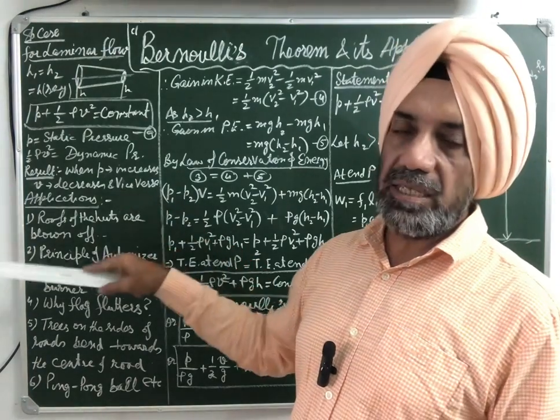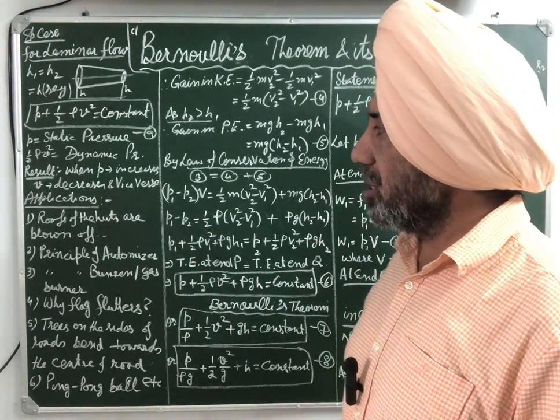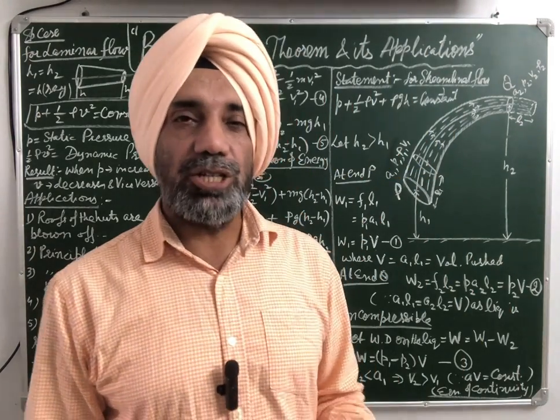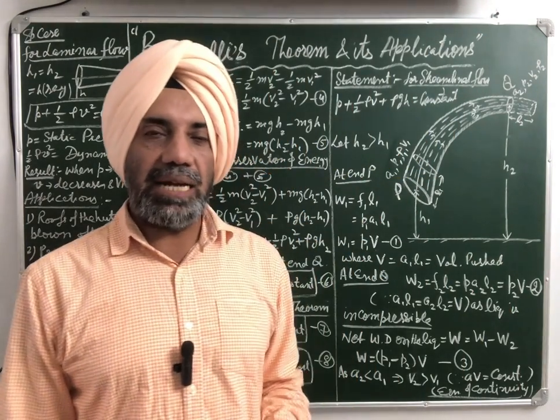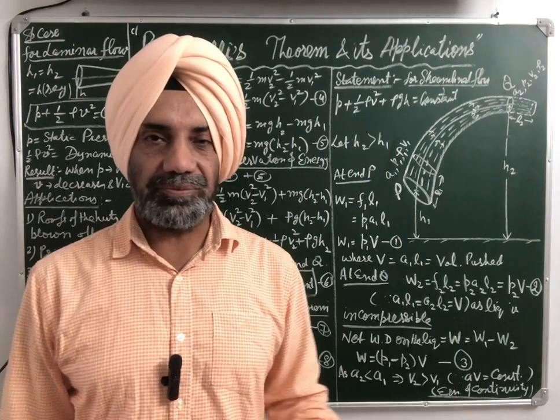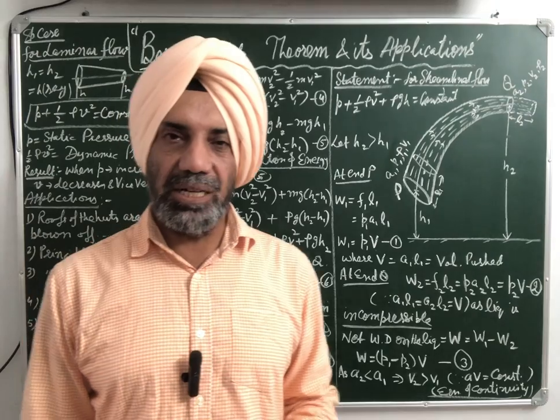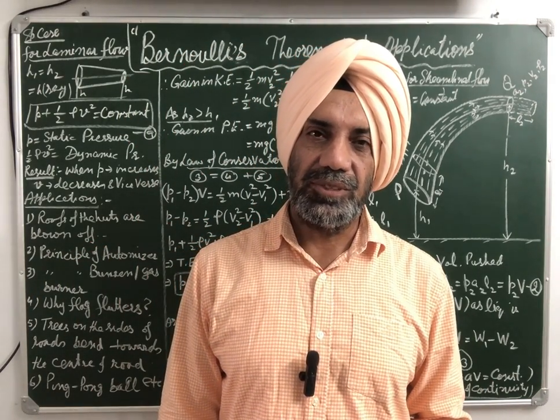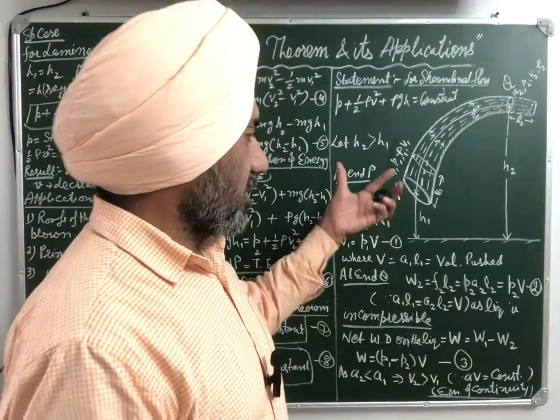That is, when velocity increases, pressure decreases. So this is the main point of Bernoulli's theorem, which states that when velocity increases, pressure decreases, and vice versa. Or when pressure increases, velocity decreases.